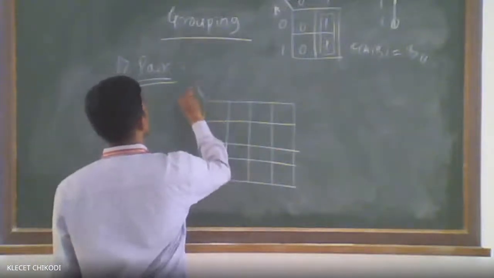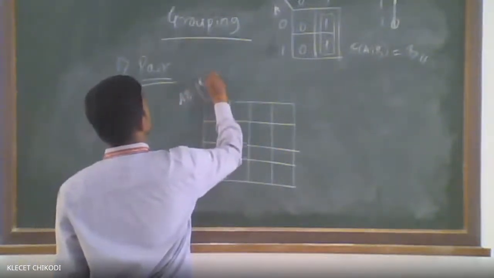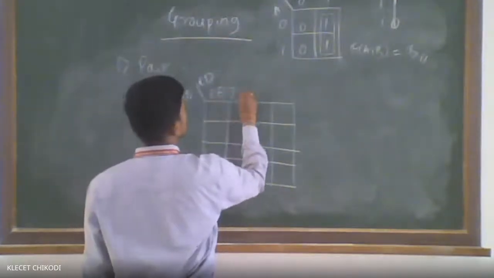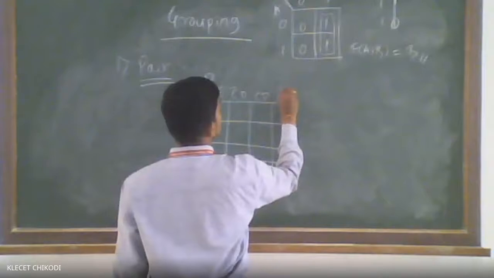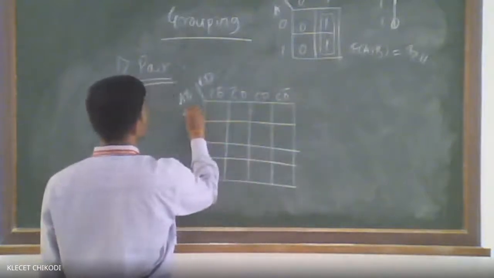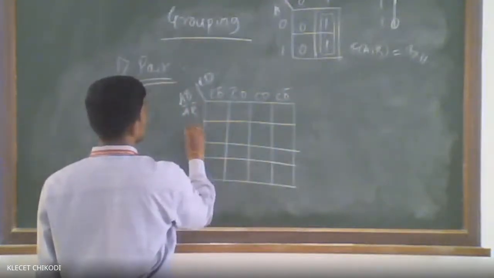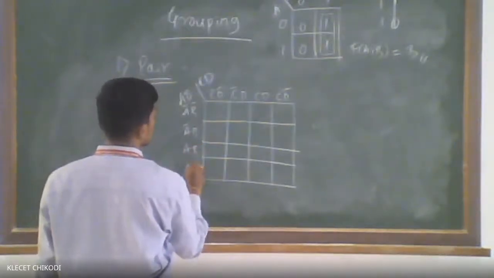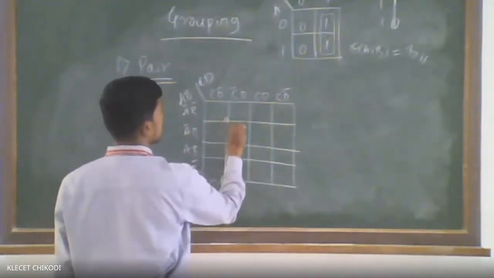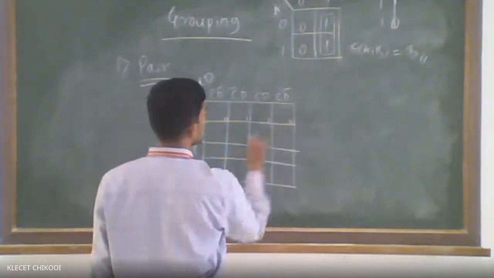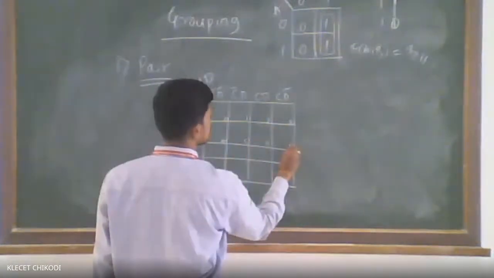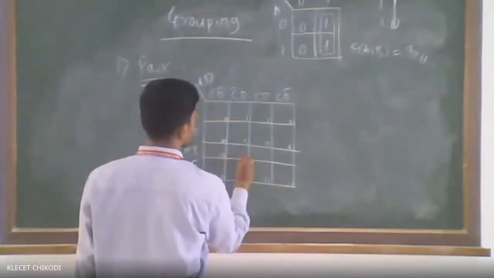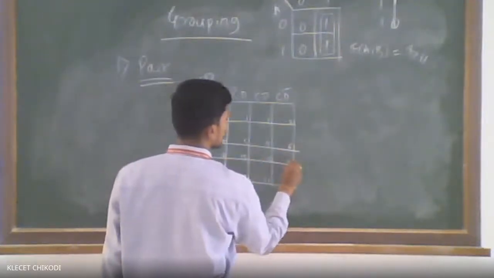If you consider the variables as A, B, C, D, it will be C bar D bar, C bar D, C D, C D bar. It will be A bar B bar, A bar B, A B, and A B bar. Cell numberings are 0, 1, 3, 2, 4, 5, 7, 6, 8, 9, 11, 10, 12, 13, 15, 14.